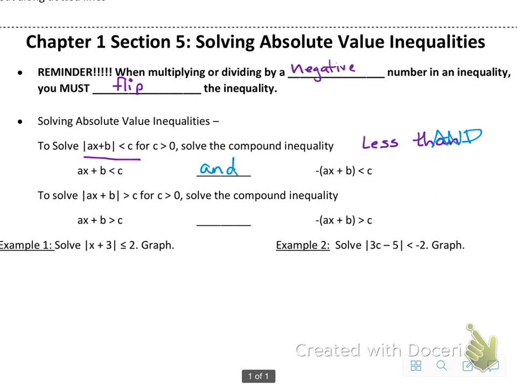And there is a difference, because if you have a greater than, we're going to put an "or." So if it's less than, it's "and." If it's greater, then it is "or." And I'm going to show you many, many examples, so bear with me right now.